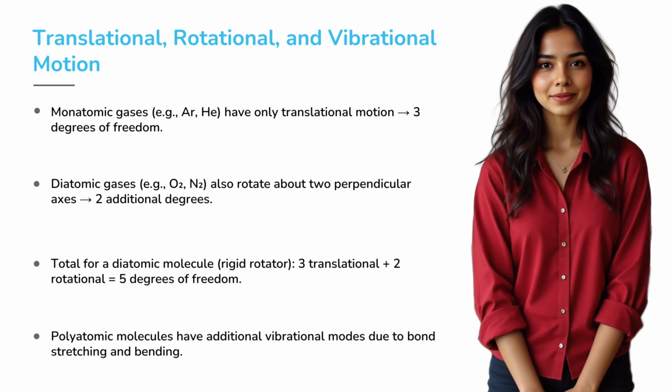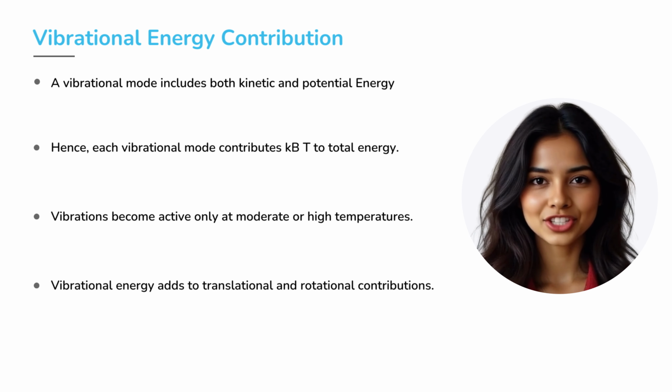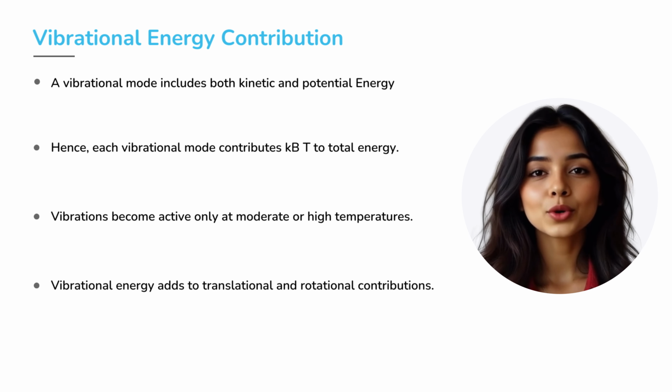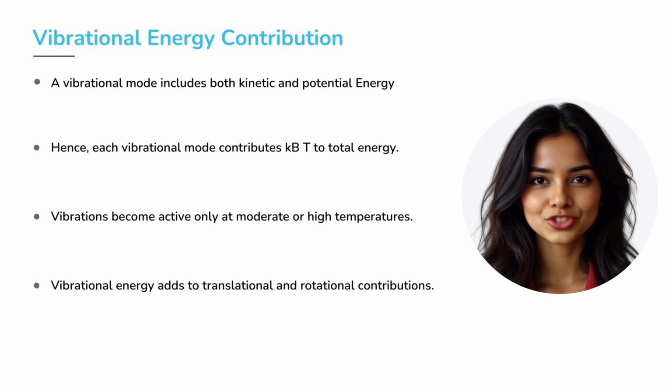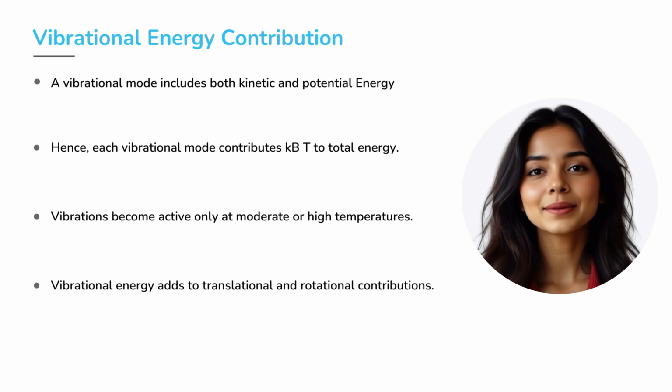Now, vibrations are special because they have 2 parts, kinetic and potential energy. When atoms in a molecule vibrate, part of the energy is in their speed, kinetic, and part is in the spring-like stretch of their bonds, potential.